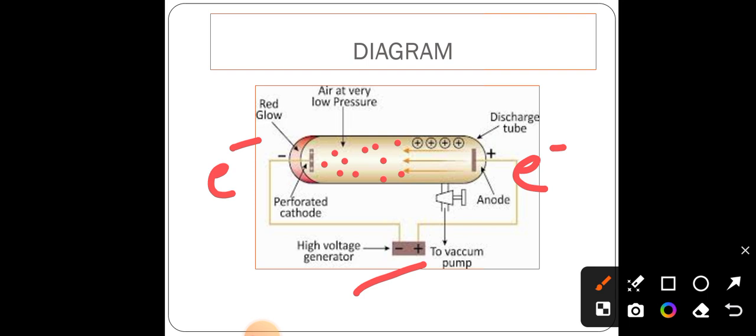As the energy within the electrode moved from the negative terminal to the positive terminal, they struck the hydrogen gas, and the hydrogen gas was ionized.